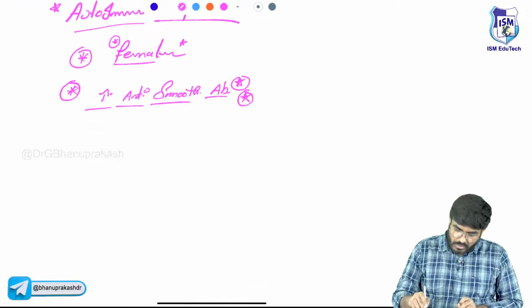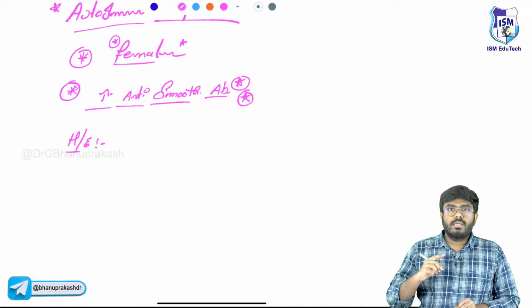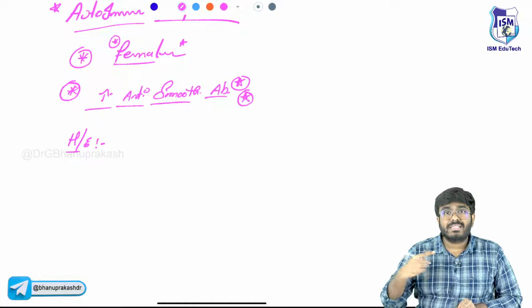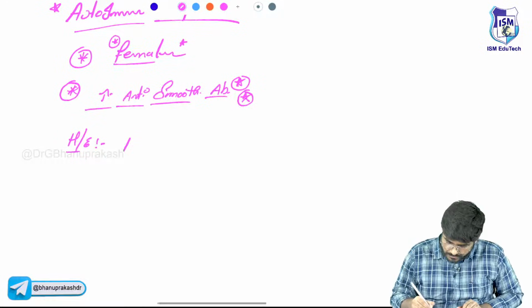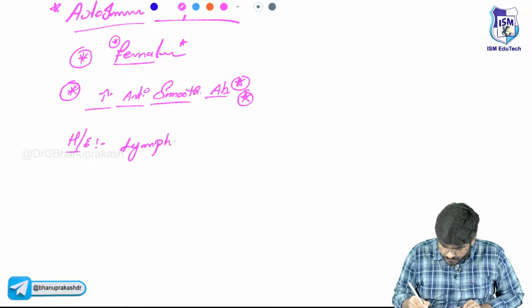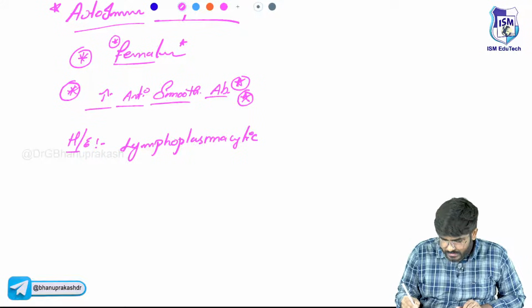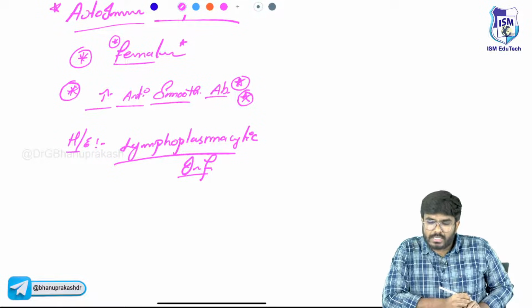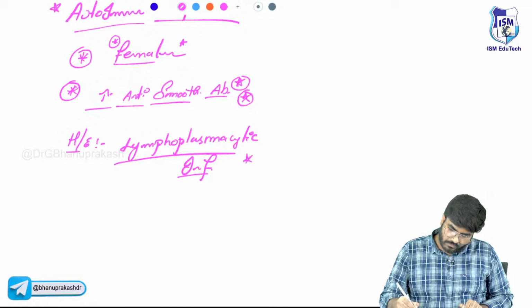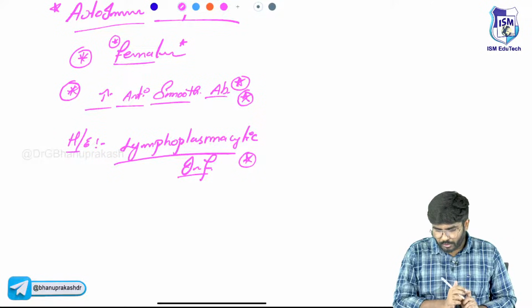On histology of autoimmune hepatitis, what you will see is lymphoplasmacytic infiltration: a lot of lymphocytes and plasma cells. This is the one thing I want you to know.